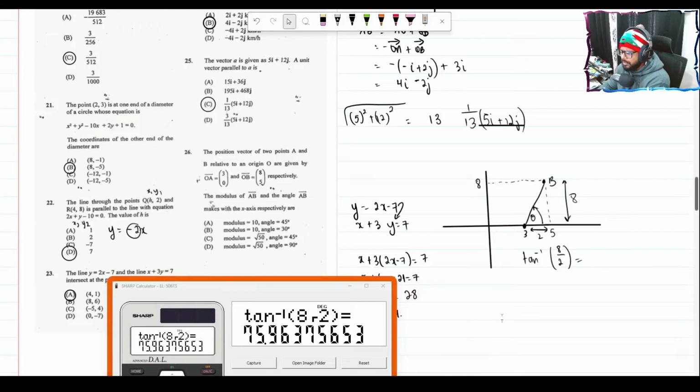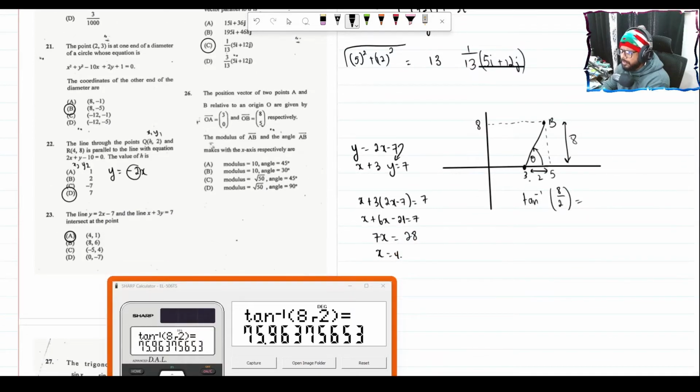Let me check what the resultant vector should be. The resultant vector AB is going to be AO plus OB, which is negative OA plus OB, which is negative 3, 0 plus 8, 5. Oh, shucks.